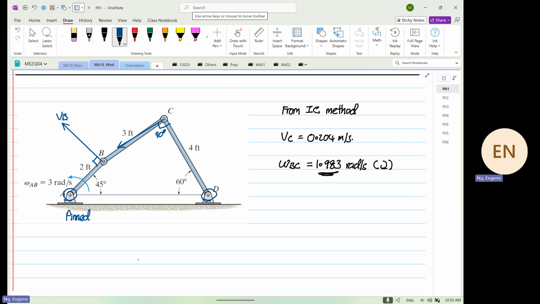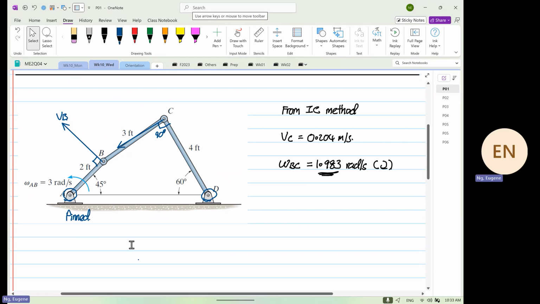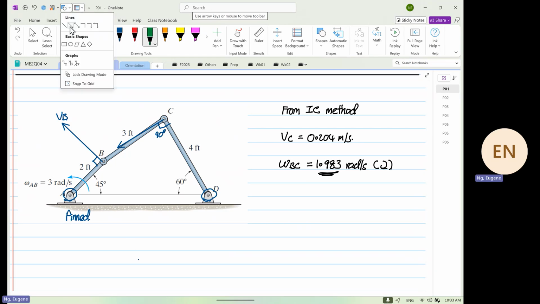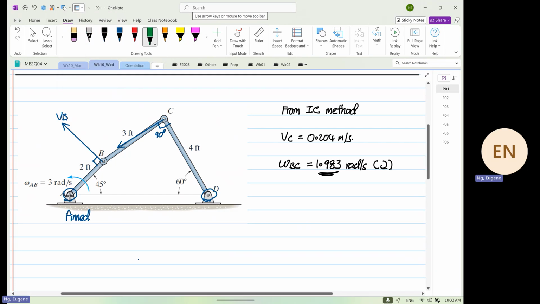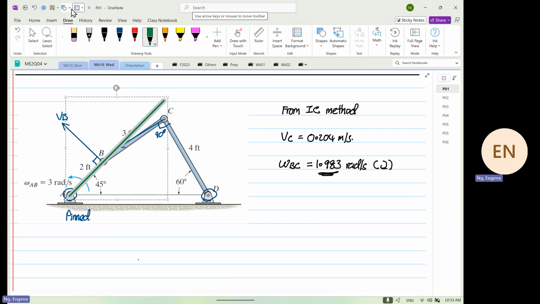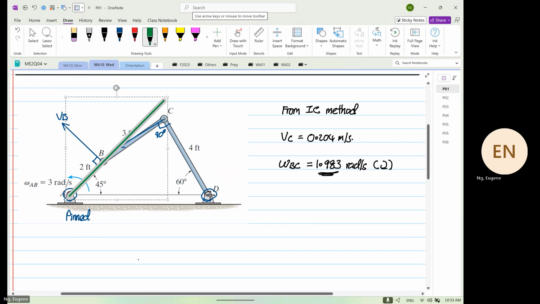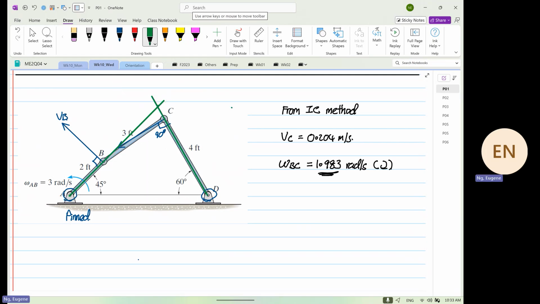So when we construct our instantaneous center, we draw a line over here. Then we draw another line over here. So over here, we knew that this is our instantaneous center.